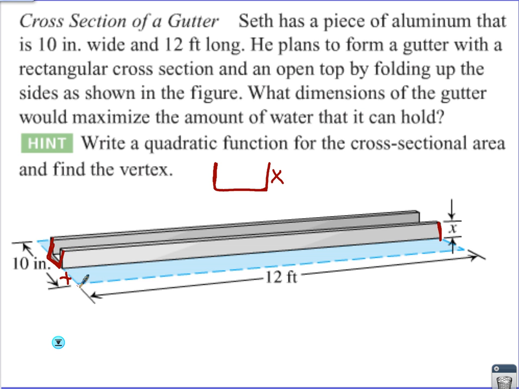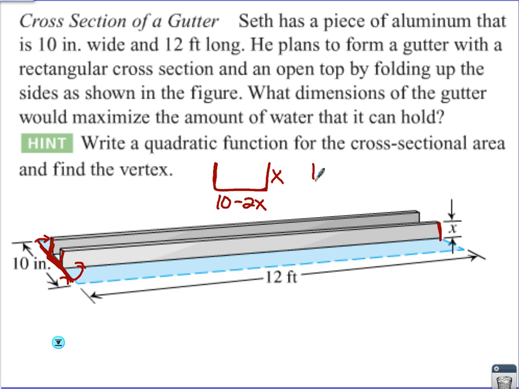If we fold up x inches, well, it was 10 inches wide before. But if we fold up x on this side and x on that side, what used to be 10 is now 10 take away the 2 x's that we folded up. That's how wide it is. So now we can find the area, how much water is going to fit in this one small section of the gutter at any one time.